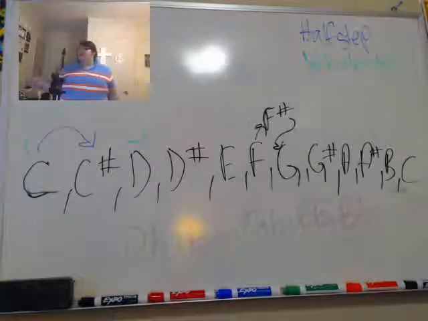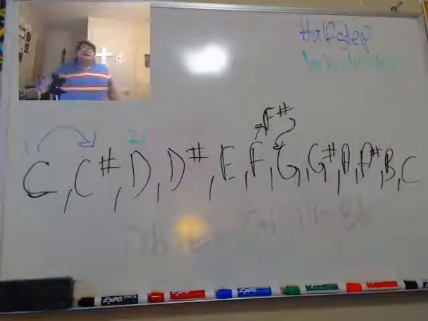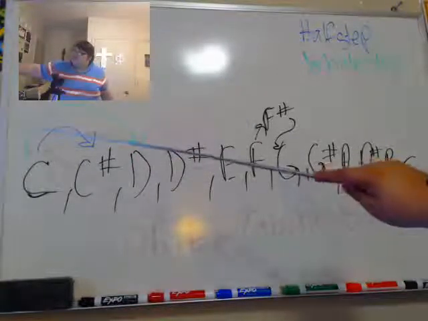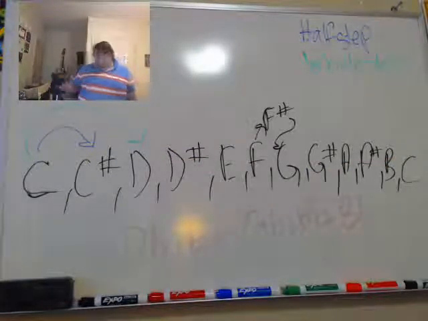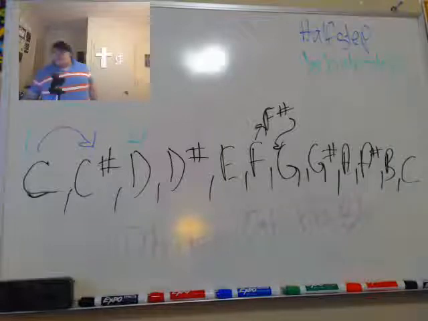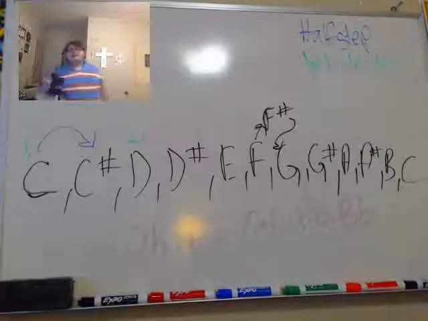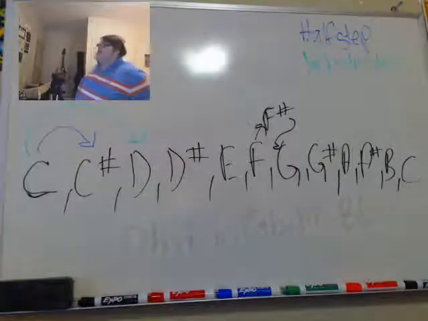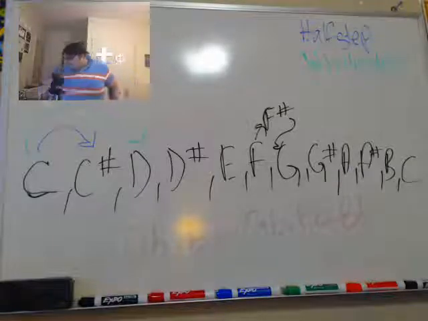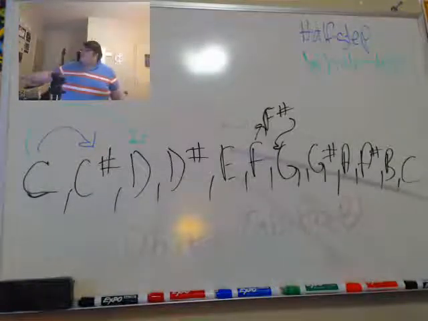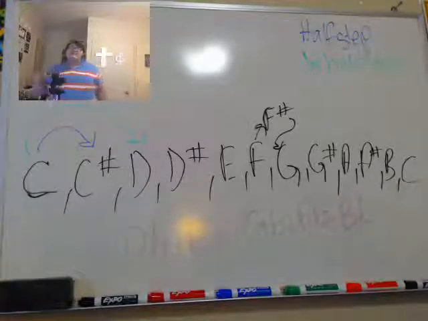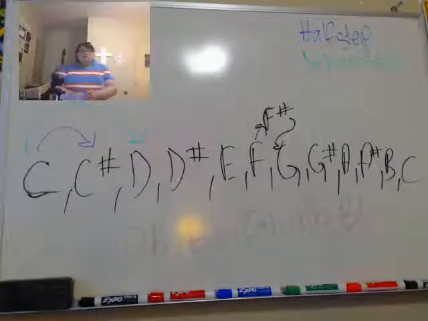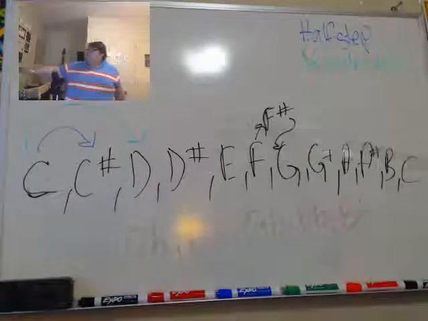But if C follows the yellow, the yellow brick road, no, the blue brick road, then C goes into C sharp. Now there's a reason why I am mentioning this. That's because E and F are not skipping a middle note to get to the next one.